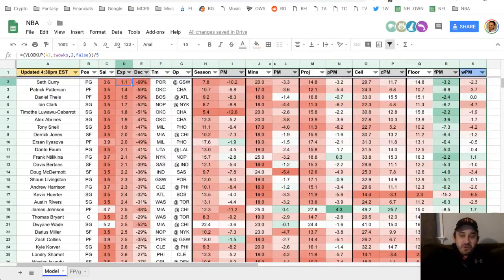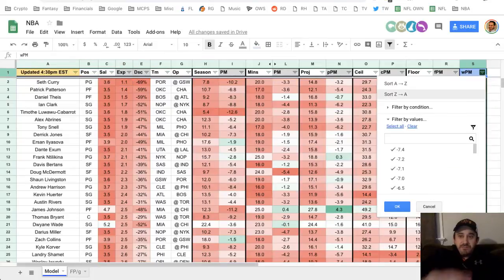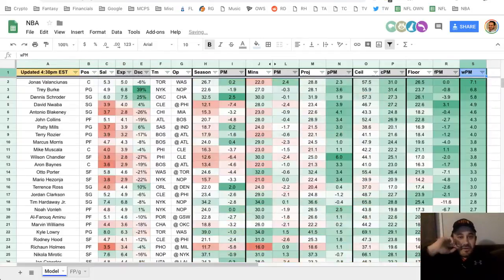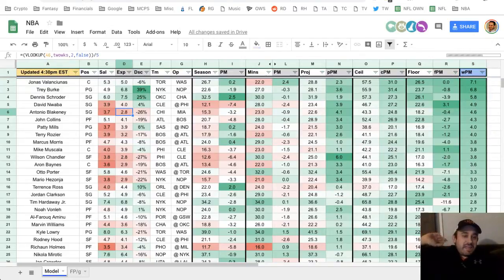So if we sort by weighted plus minus, like the magic number that we all should be looking at, that is actually really helpful for us. Yes, Antonio Blakeney. Somebody tell me how to pronounce this guy's name. Blakeney, I don't know what it is.